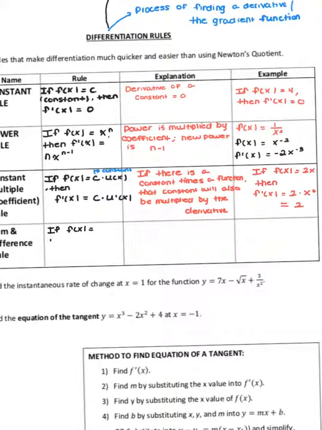So let's say it's u of x plus or minus v of x. Then the derivative is just the derivative of those two expressions, added or subtracted. U prime x plus or minus v prime x.